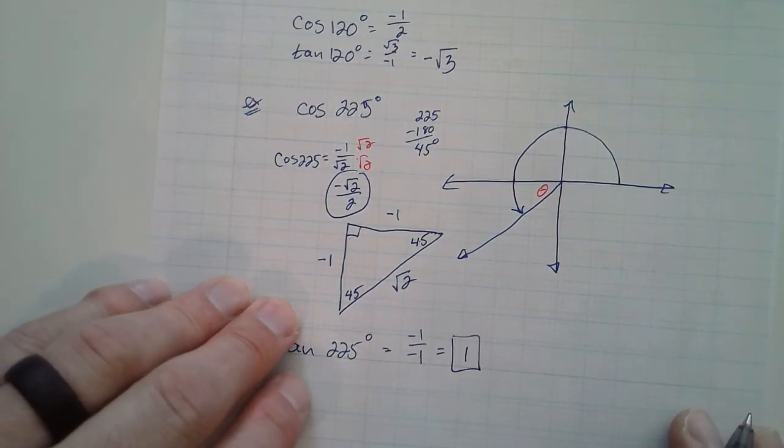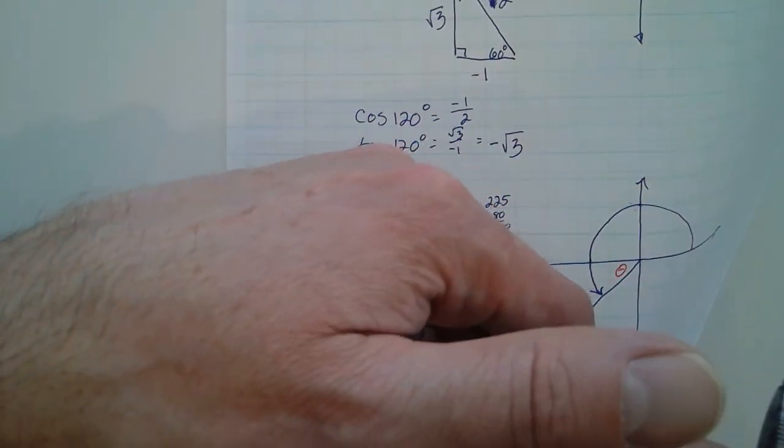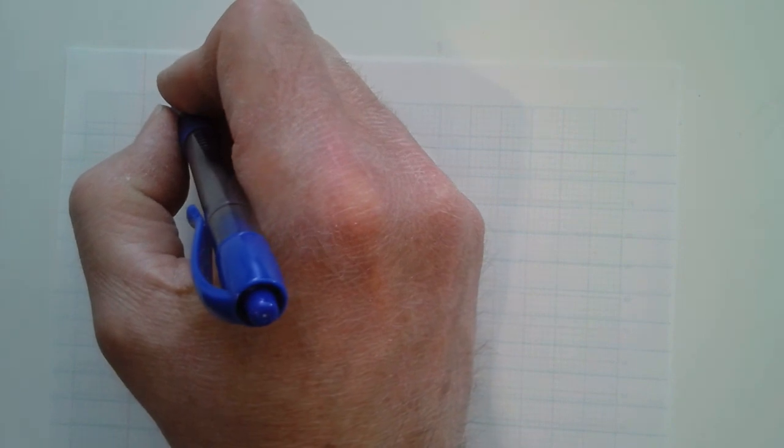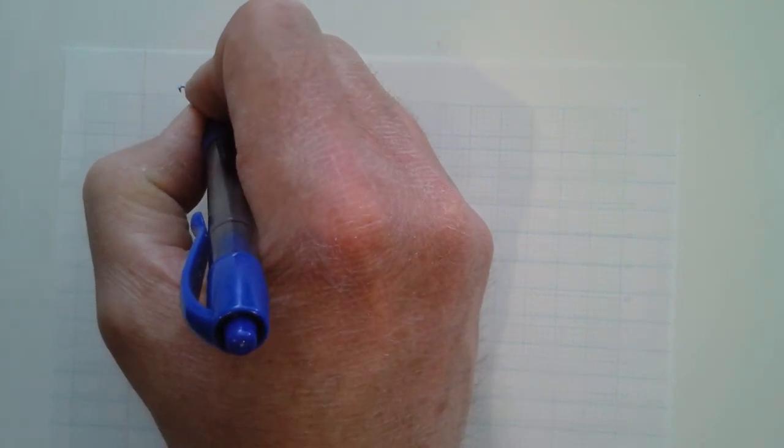Okay, I'm going to give you another example. Let's find the tangent of 330 degrees. Maybe I'll ask you, what's the reference angle?